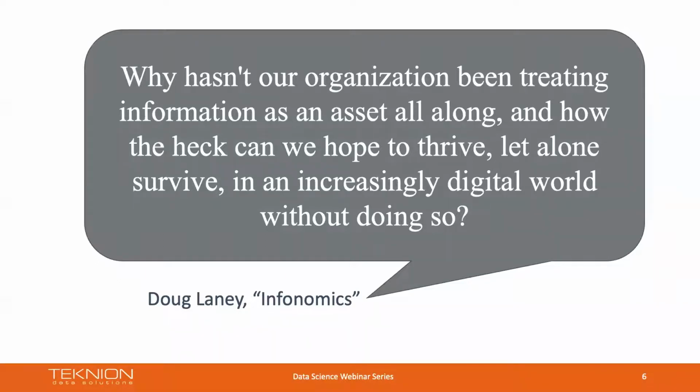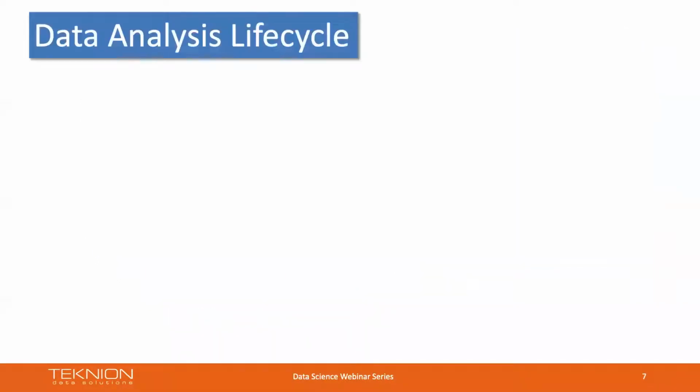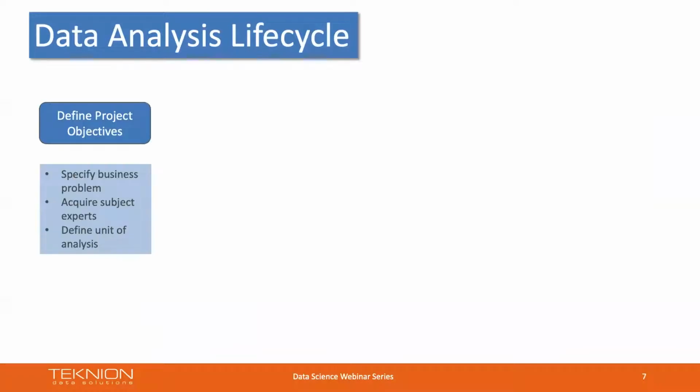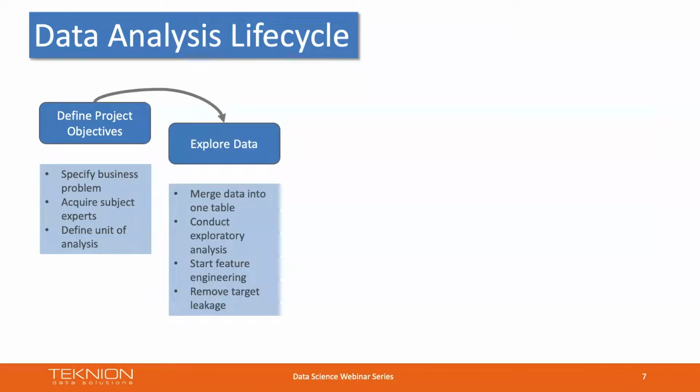So if we look at our data analysis lifecycle, let's assume we defined our project really well and got really good questions. The next stage is exploring our data. Notice that we haven't picked our model yet, because the first thing we need to do is find out what type of data we have and how it sits.